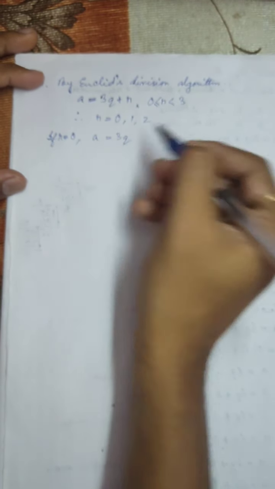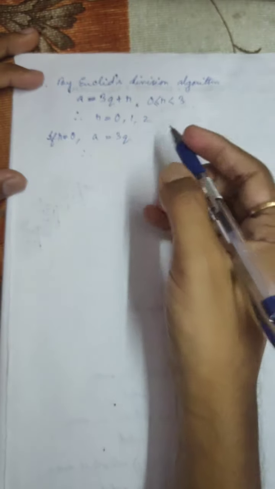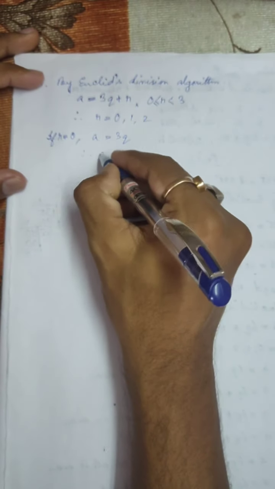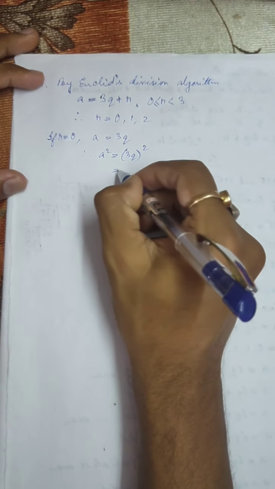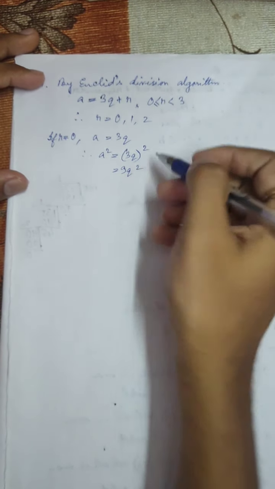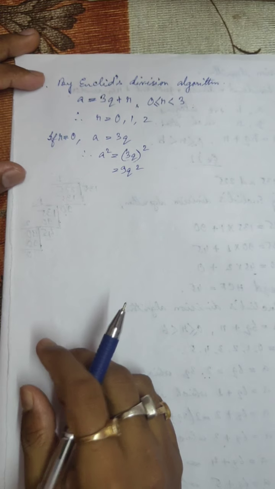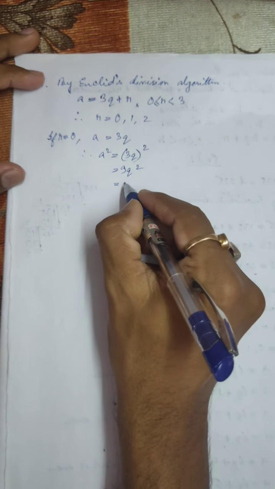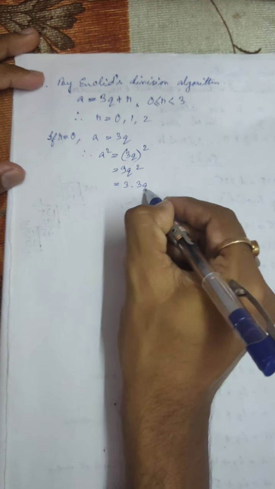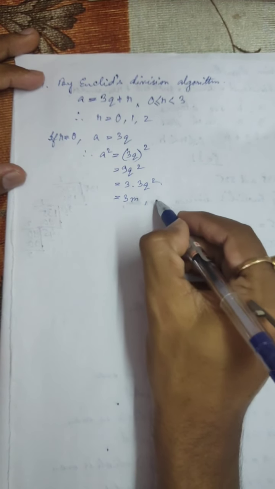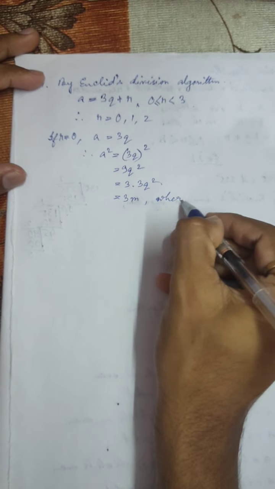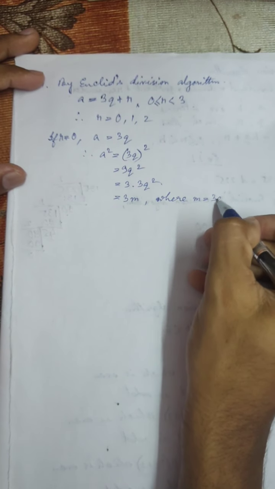If r equal to 0, then a equal to 3q definitely. But we have to find the square of the positive integer, so the value of a square will be 3q whole square. So it is actually 9q square. And this we can write as 3 into 3q square. So 3m, where m equal to 3q square.